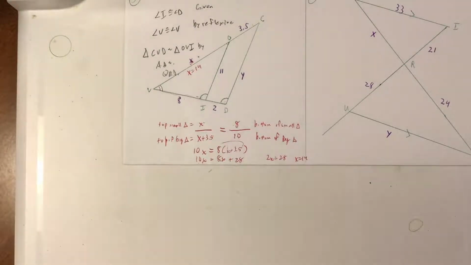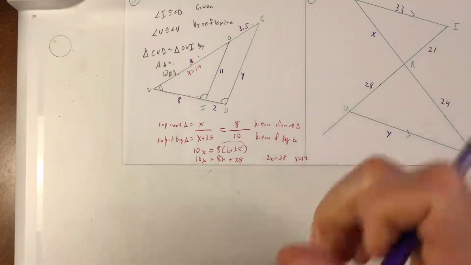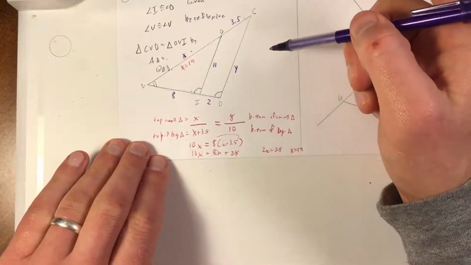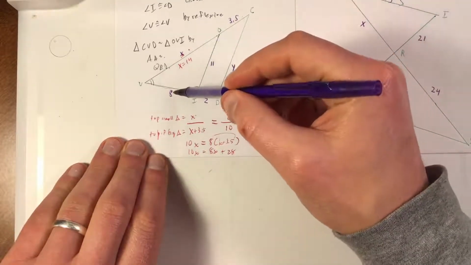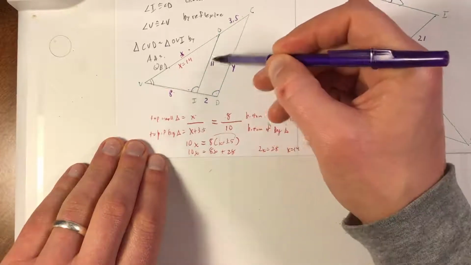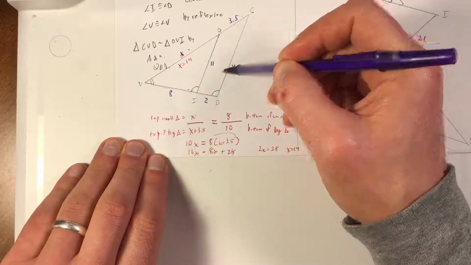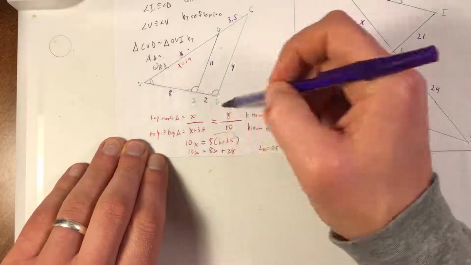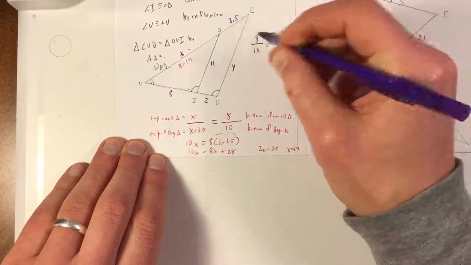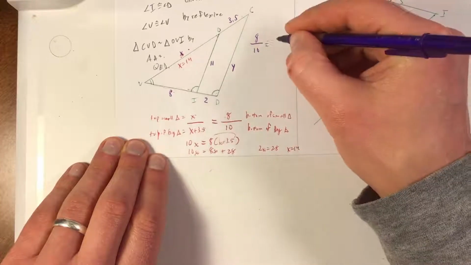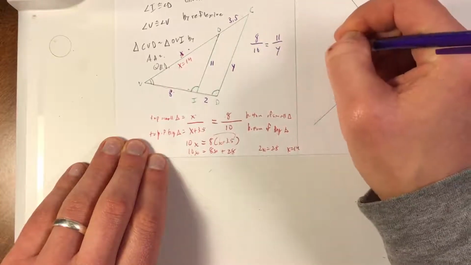Now, the reason we have to use the whole side right here is because we're talking about similar triangles. We got to do the same thing here. I can't set up 8 over 2 is equal to 11 over y, because 2 is not the whole bottom of this triangle. I got to set up 8 over 10 is equal to 11 over y.